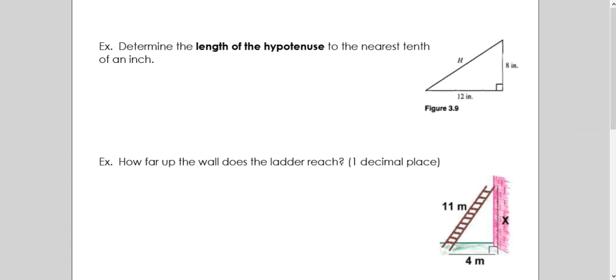One of the things I have to figure out first is to find the hypotenuse, and then label it C. So I'm going to say this is side C because that's the hypotenuse. Then I want to label the other sides.